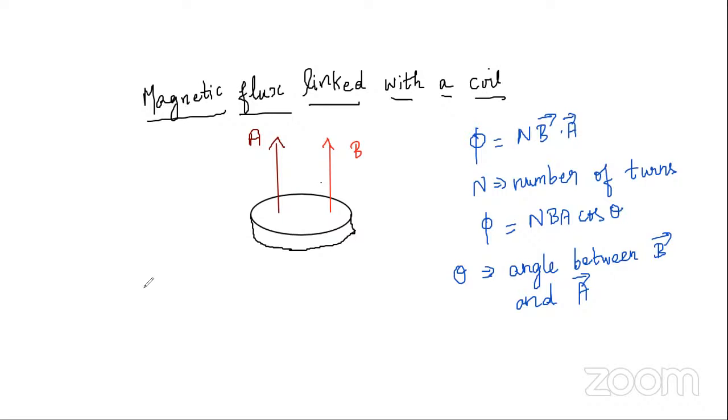That means it is parallel to the area vector. So here magnetic field B is parallel to area vector, so that means theta equal to 0 degree. So in this case, the magnetic flux value is maximum. So phi max is equal to, when you substitute cos 0 degree, that will give you NBA. So this is the maximum value of flux when you have the magnetic field parallel to the area vector.